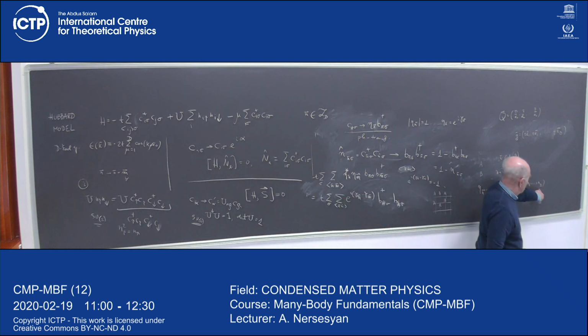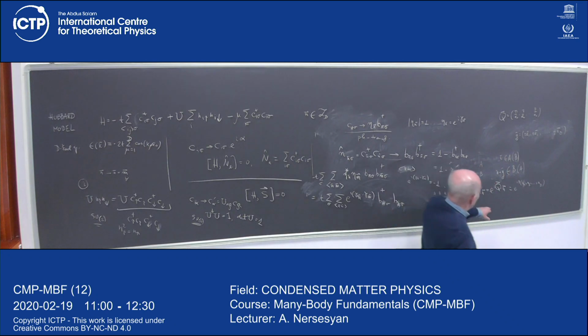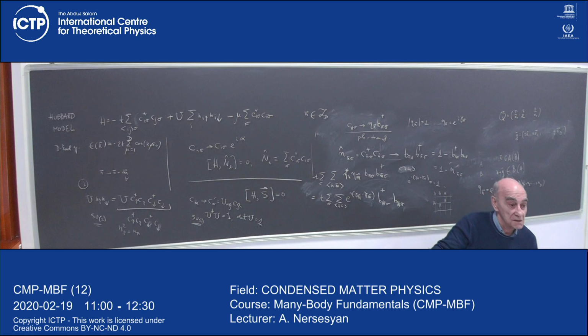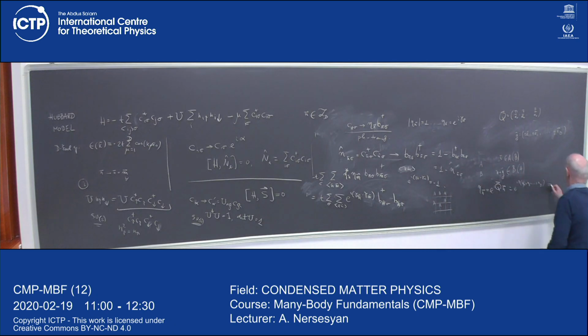If the sum of these integers is even, then the site n belongs to the same sublattice as the site 0. But if it is odd, it belongs to a different sublattice. In other words, this exponent takes the value 1 if n belongs to A, and minus 1 if n belongs to B.